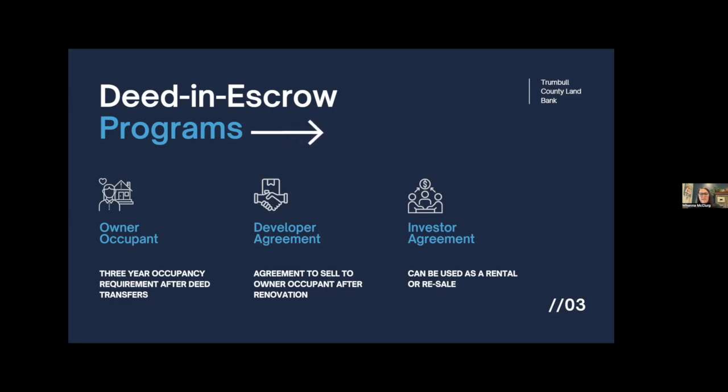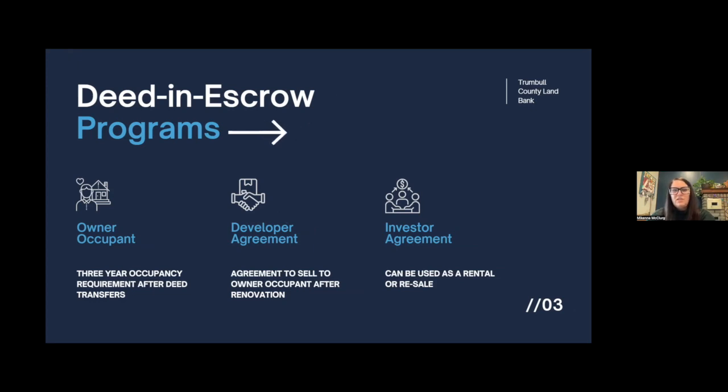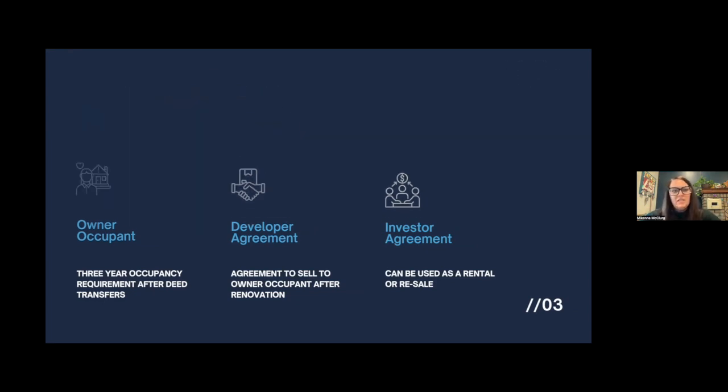I would say usually only about 10% of the properties are available to investors. We usually have everything open to the developer agreements and to the owner occupants. So that keeps the nicer properties, I guess, for the owner occupants that don't have that much work.